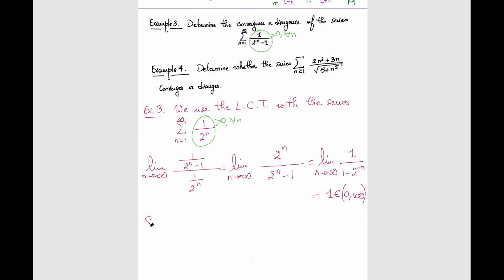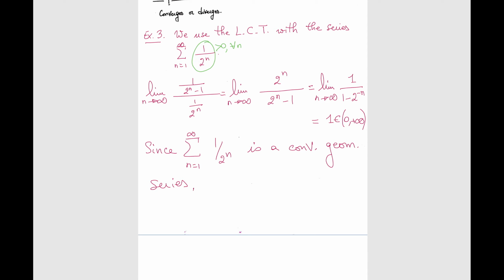Since this is a convergent geometric series, the given series, so the series in question, which is this, is also convergent by the limit comparison test. Correct? Okay.